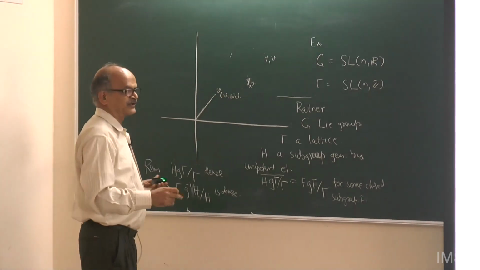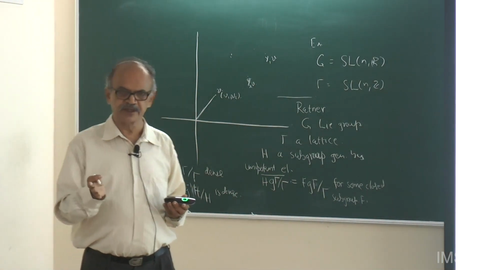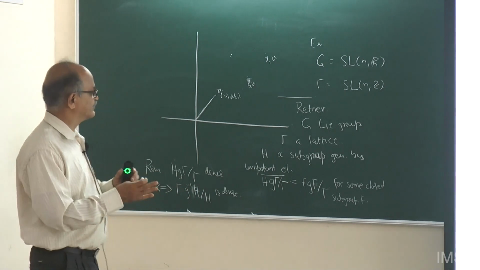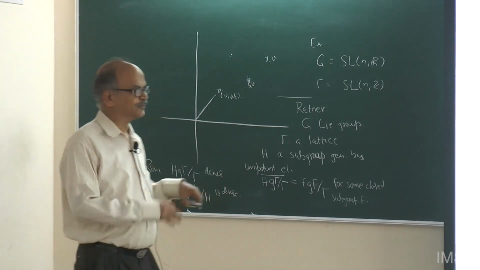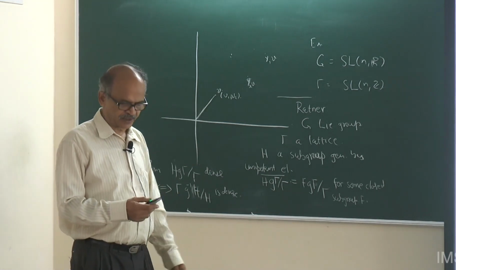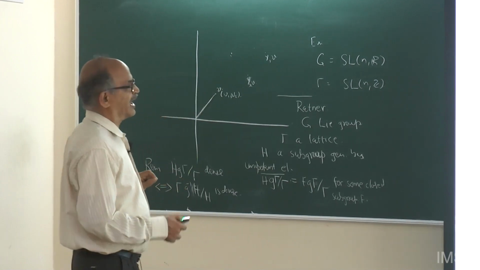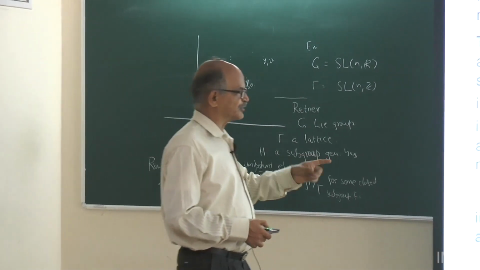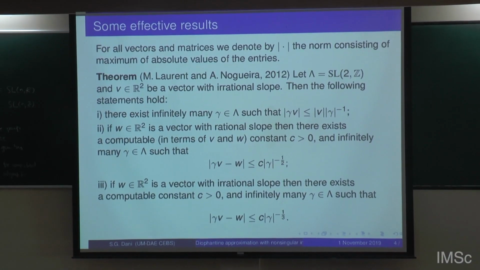Essentially what matters is the ratio, which is a certain irrational number, and the continued fraction expansion of that is closely related to the gamma SL2Z action on R2. The kind of questions that we are addressing here are related to continued fractions of the particular ratio. They make heavy use of continued fraction techniques, which are not available when you have more variables. So that's a limitation which forces you to look at SL2Z.